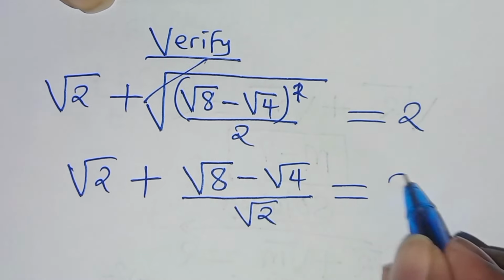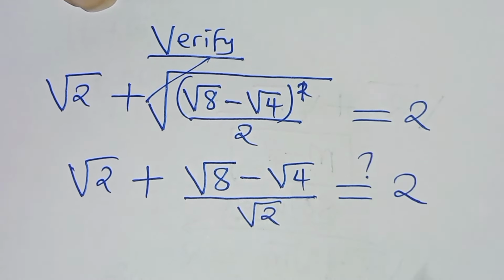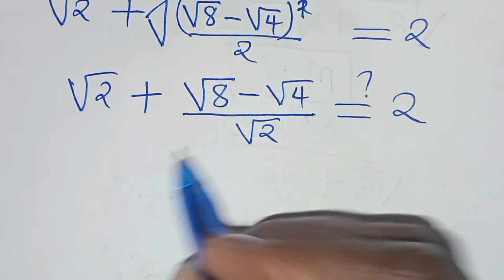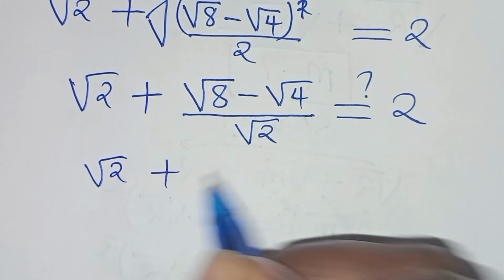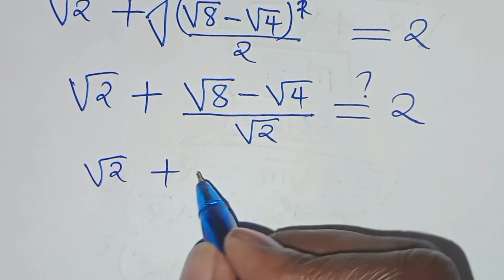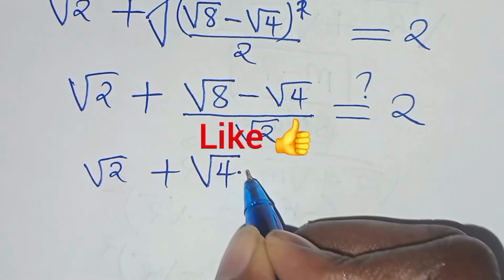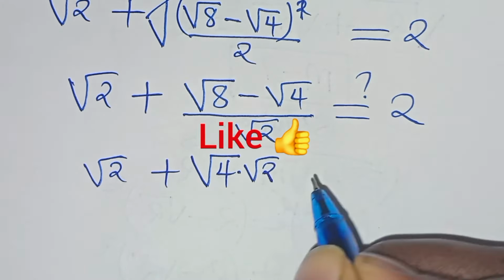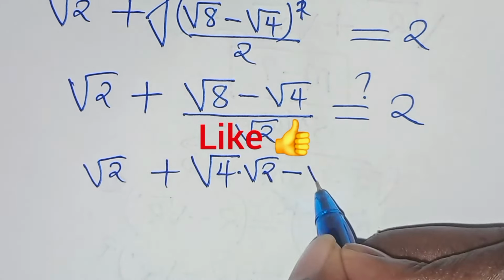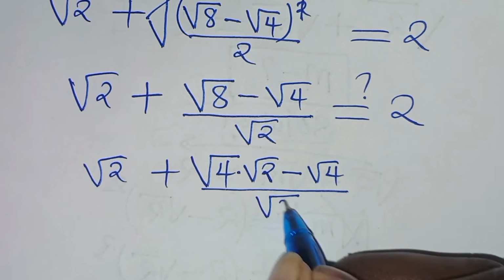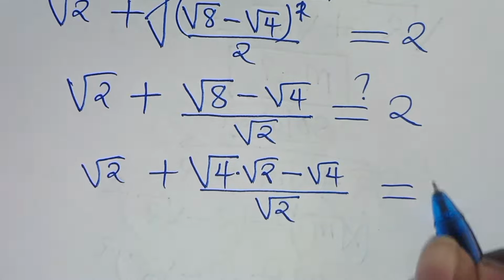This is supposed to give us a value of 2. Now, this is square root of 2. Here we have square root of 8, which you can express as square root of 4 times square root of 2, subtract square root of 4 divided by square root of 2. This is supposed to give us a value of 2.